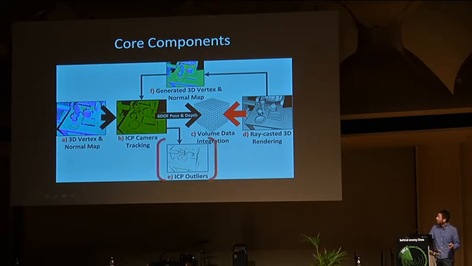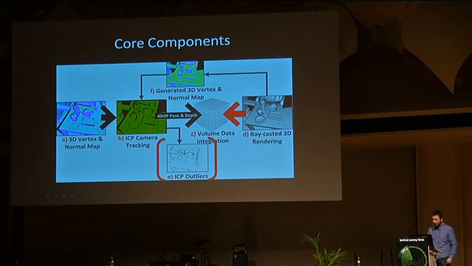And as a side product of the camera tracking, we also get outliers. And outliers are points which lie too far apart and which would otherwise degrade the tracking. But we use these points to later sense touch, human touch of surfaces and similar things. So I'll come back to these later.